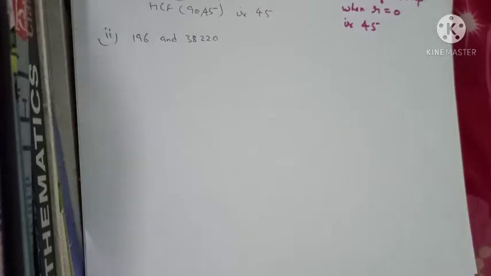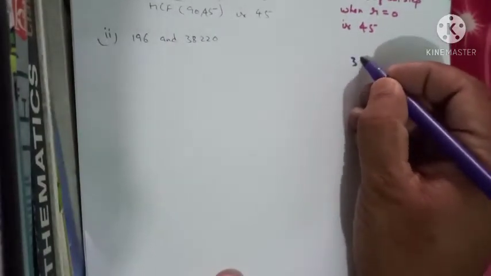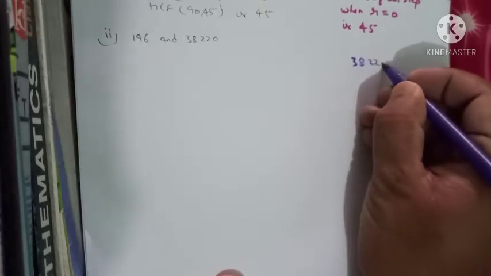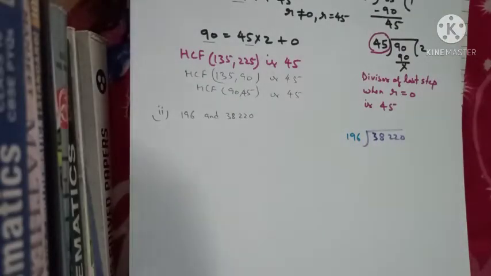So again we can proceed: we will take the bigger value as the dividend, that is 38220, and the smaller value as the divisor. 196 is the smaller value, it will be taken as the divisor, and 38220 is the bigger value, it will be taken as the dividend. Okay, now it is adjusted.